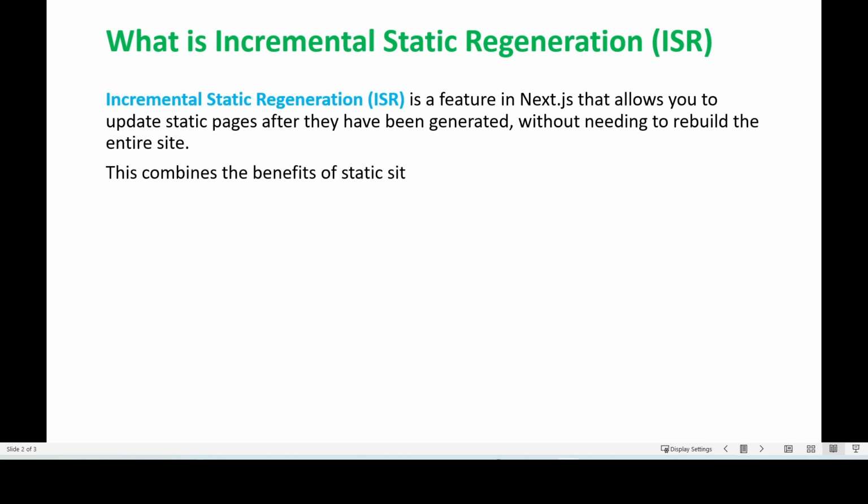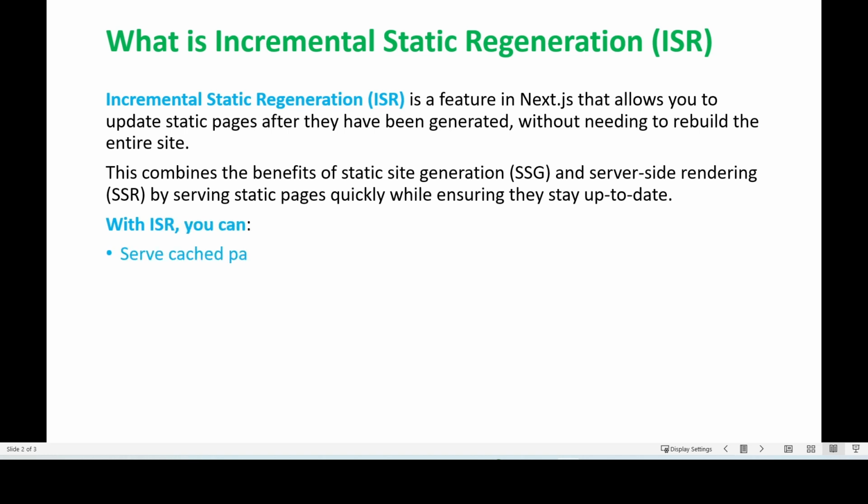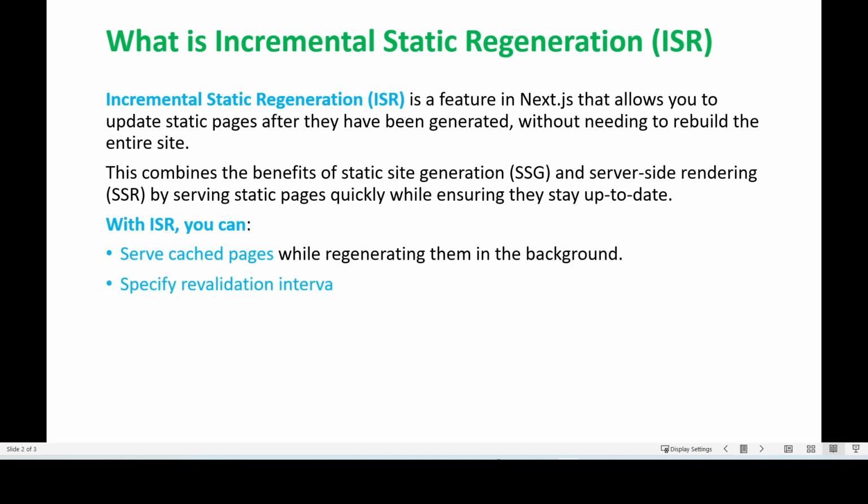This combines the benefits of static site generation and server-side rendering by serving static pages quickly while ensuring they stay up to date. With ISR, you can serve cached pages while regenerating them in the background.